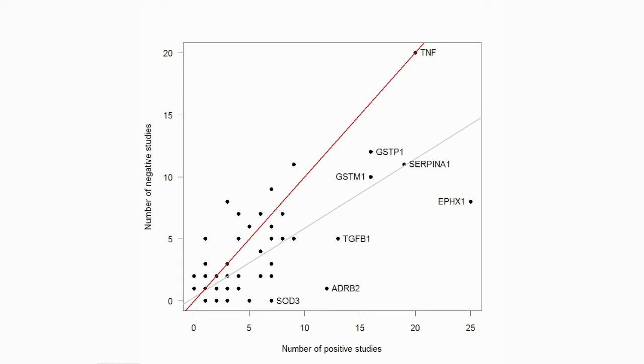We can find in the literature 20 publications that support that genetic variants in the TNF gene are associated with COPD or related phenotypes. However, we can also find 20 different publications that do not support such associations. So it seems that the genes that are the most replicated in COPD are simply the most popular genes studied.